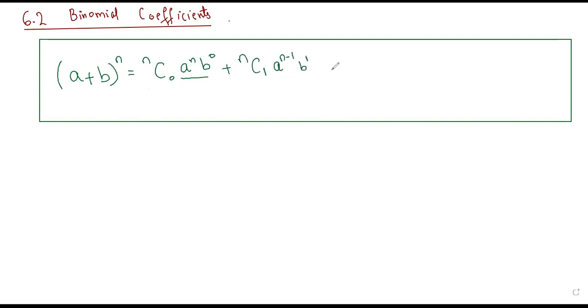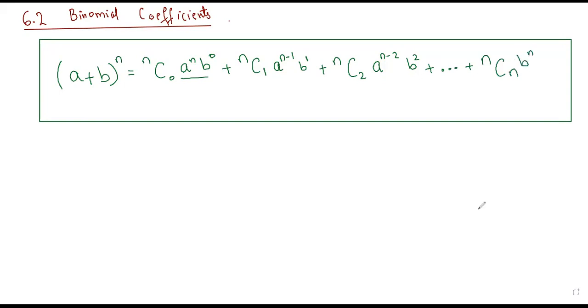Power of a is decreasing and power of b is increasing, plus nC2 a to the power n minus 2, b to the power 2, plus dot dot dot. We are not sure about what exactly n is, but the last term is going to have nCn b to the power n.